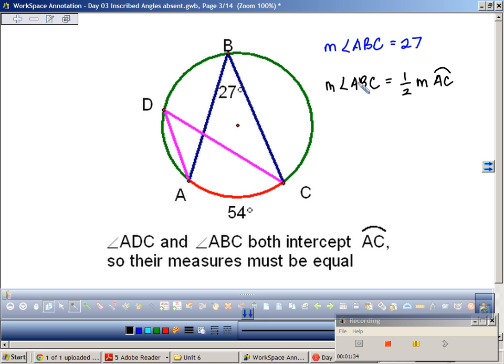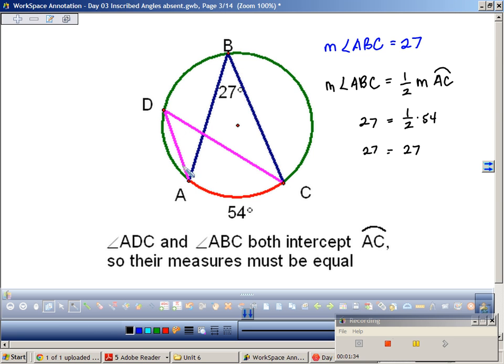Let's see if that's true. What is the measure of angle ABC? Well, I wrote it right here. It's 27 equals half the measure of arc AC. The measure of arc AC is 54. Well, half of 54 is 27. So we're correct.